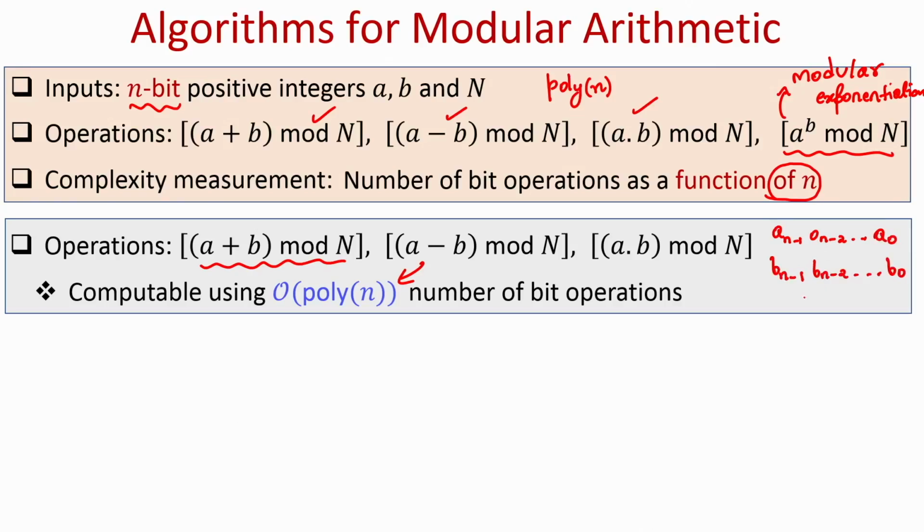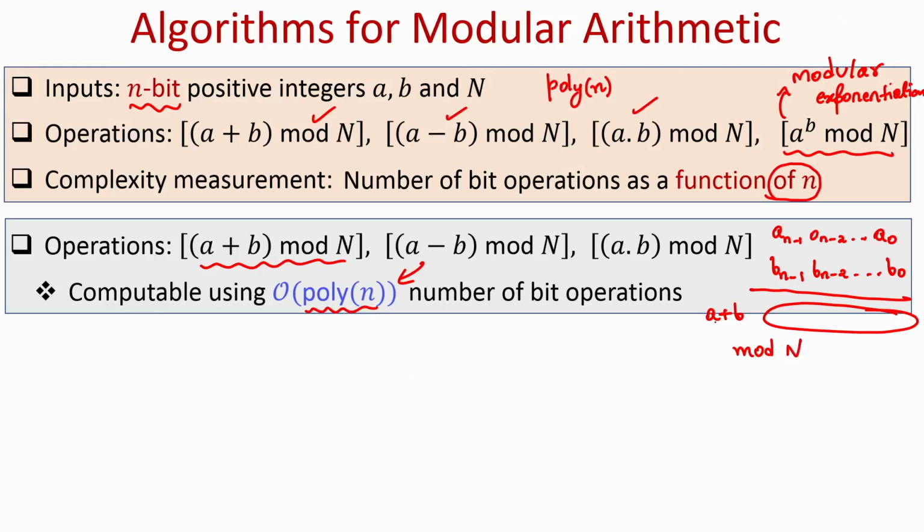Now, to add a plus b, you can add the bits of a and b bit by bit, taking care of carry and all those things, and then you will obtain a bit representation of a plus b. Performing addition of two n bit numbers will require polynomial in n number of operations, and then you have to do a plus b modulo n.